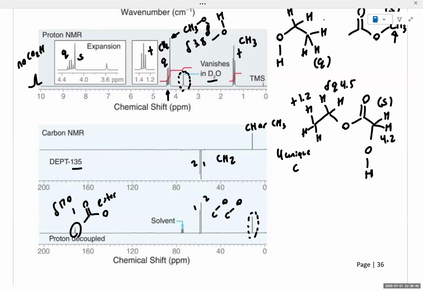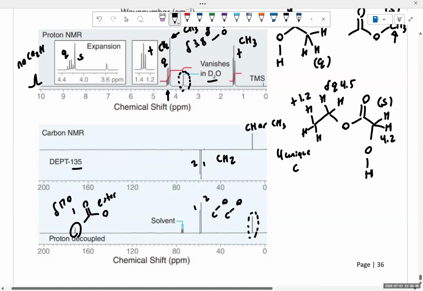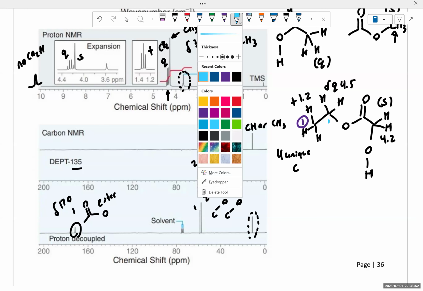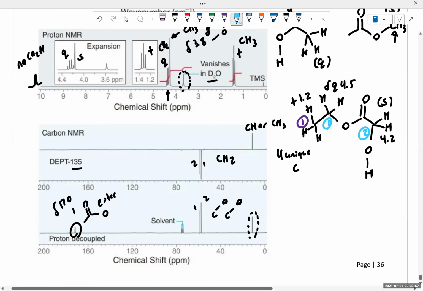That accounts for 1, 2, 3, 4 carbons. We have one CH3 group and 1, 2 CH2 groups. And we have the carbonyl quaternary carbon.